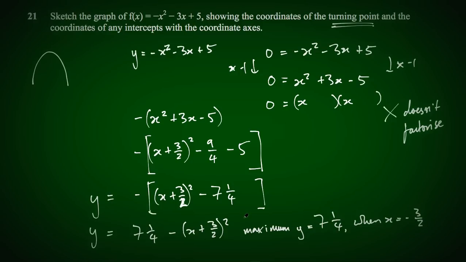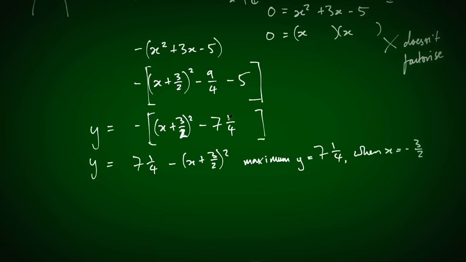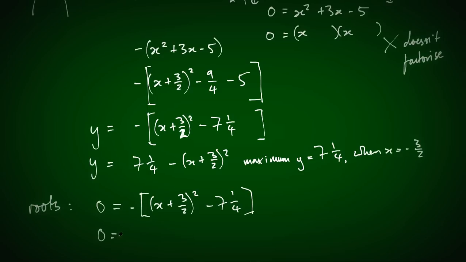But I still haven't found my roots yet, so I can go back to where I've completed the square, and set that equal to 0 to find the roots where it crosses the x-axis. So roots are where 0 equals this whole thing, and again I'm going to times both sides by minus 1, so 0 equals (x plus 3 over 2) squared minus 7 1/4.